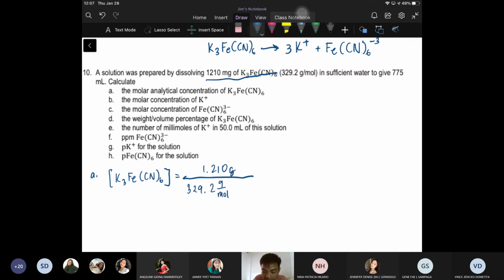By the way, kapag given yung molar mass, yun na lang gamitin nyo. Pero kapag hindi, susolve nyo yun. Volume of the solution in liters. So, we have 775 mL. In liters, that will be 0.775 liters. So, ang sagot sa A, madali lang, no?